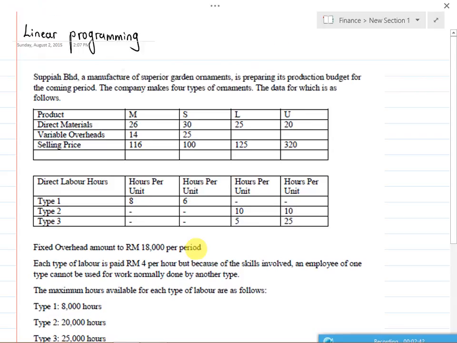You need not do any adjustment. Now remember, fixed overhead must always be in total amount. It cannot be per unit. If it is per unit, you have to make it a total amount.